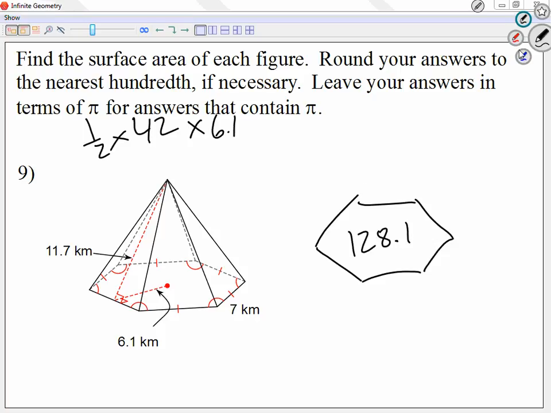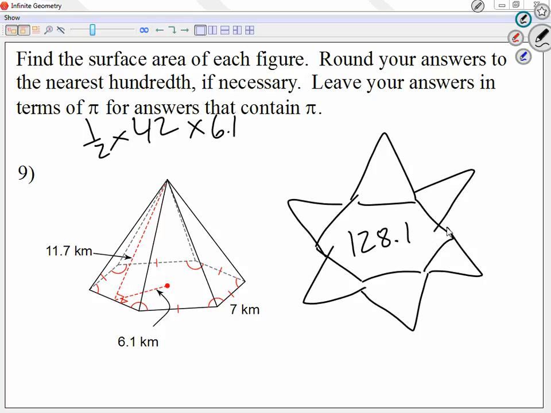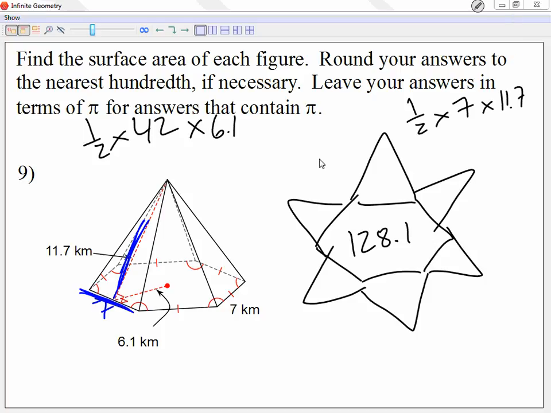Now looking at the triangles, for each of the triangles, I'm going to go 1/2 times 7 times 11.7, because the two numbers across the 90 degrees are 7 and 11.7. That's 40.95, so each of my triangles is 40.95.